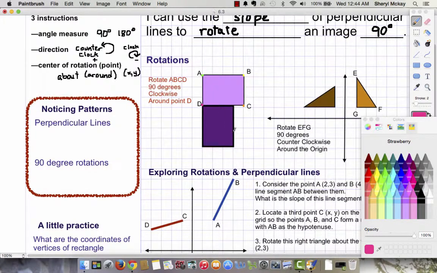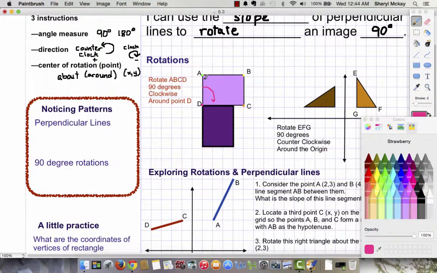Okay? Now, what we've been told in our directions is to rotate ABCD 90 degrees clockwise. So that means this way. We're going to take this entire thing and rotate it clockwise around point D, which means that point D stays where it is, and the rest moves.